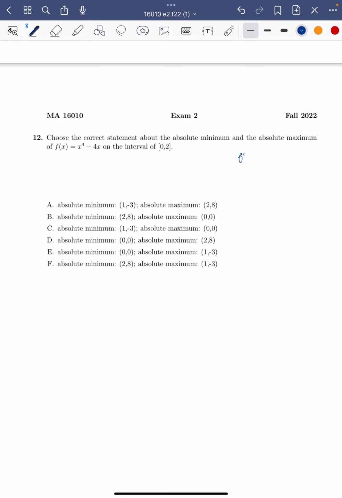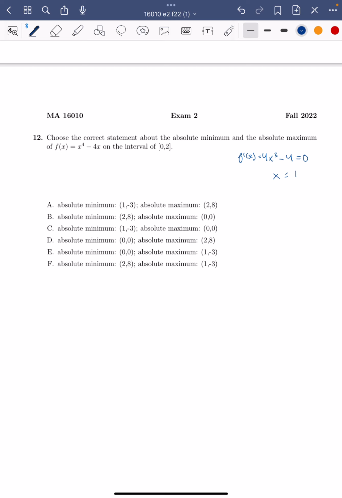So f prime of x equals the derivative of x to the fourth, which is 4x cubed, minus the derivative of 4x, which is negative 4. Now, critical numbers are when the derivative equals 0, so let's set this equal to 0. And we can find that x would equal 1 here.